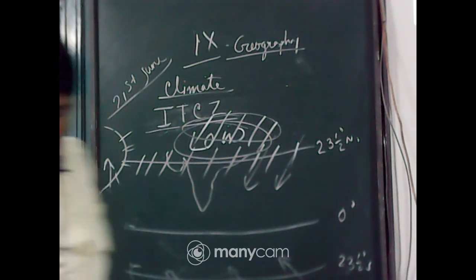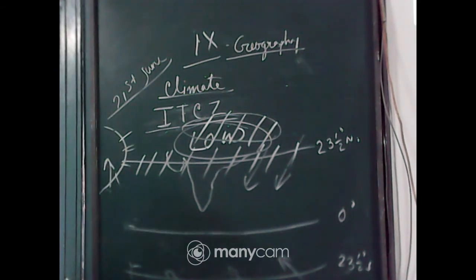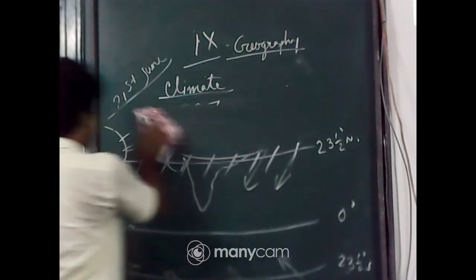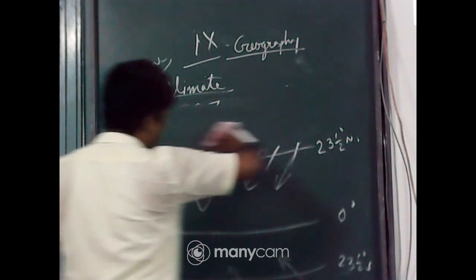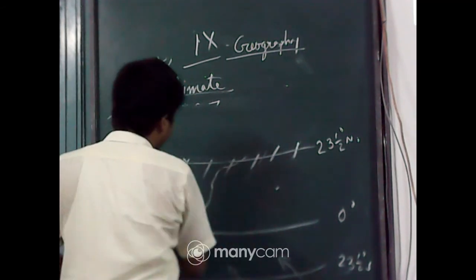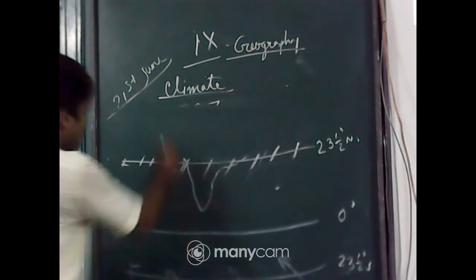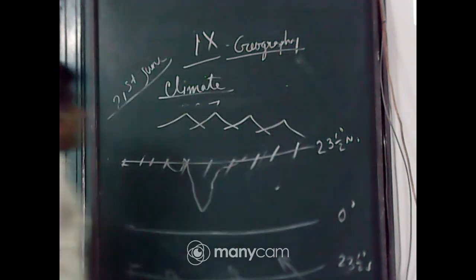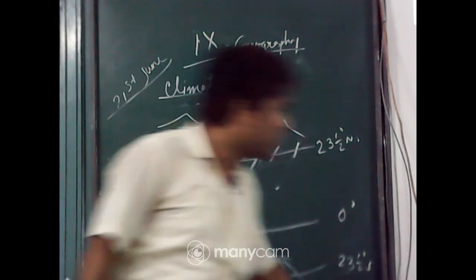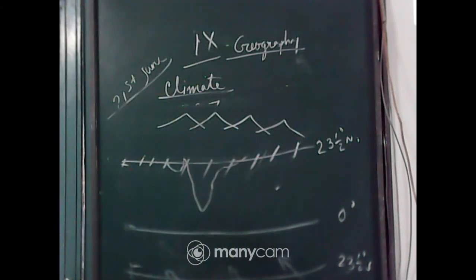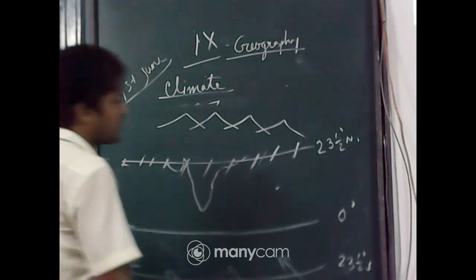The movement of the westerly jet stream. Last day I told, when I discussed the easterly and westerly jet stream, what happened during the summer. You know the Himalayan mountain. Yes, these 5 points I have told, the Indian monsoon mechanism.